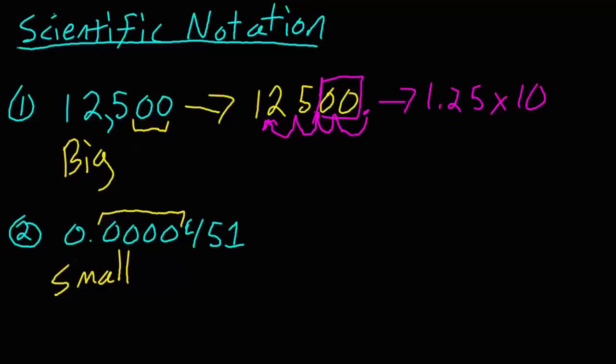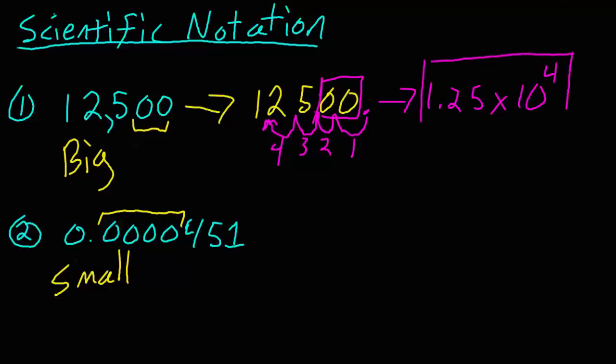So I've moved my decimal point 1, 2, 3, 4 times to get it from its original position to its new position after the first non-zero. So 12,500 would be the same thing as 1.25 times 10 to the 4.